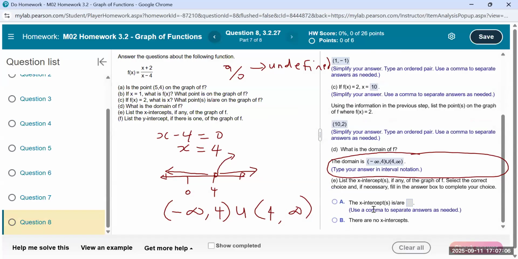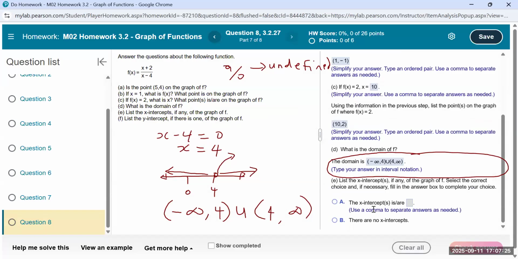Now, E wants us to find the x-intercept. What is the x-intercept? The x-intercept is when you set your y equal to 0. In other words, when your f of x, which is the output, is equal to 0.